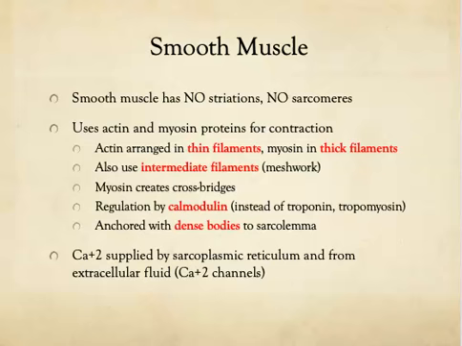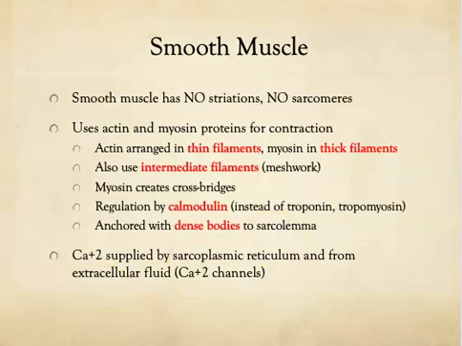The intermediate filaments are going to create a meshwork around the interior contents of a smooth muscle fiber, just underneath the sarcolemma. And those intermediate filaments that create that mesh are going to be anchored to the sarcolemma with structures called dense bodies.